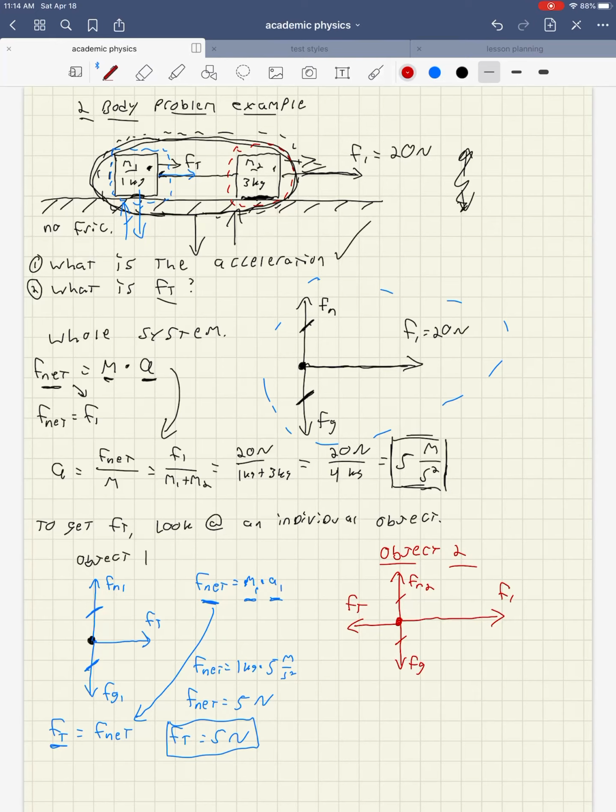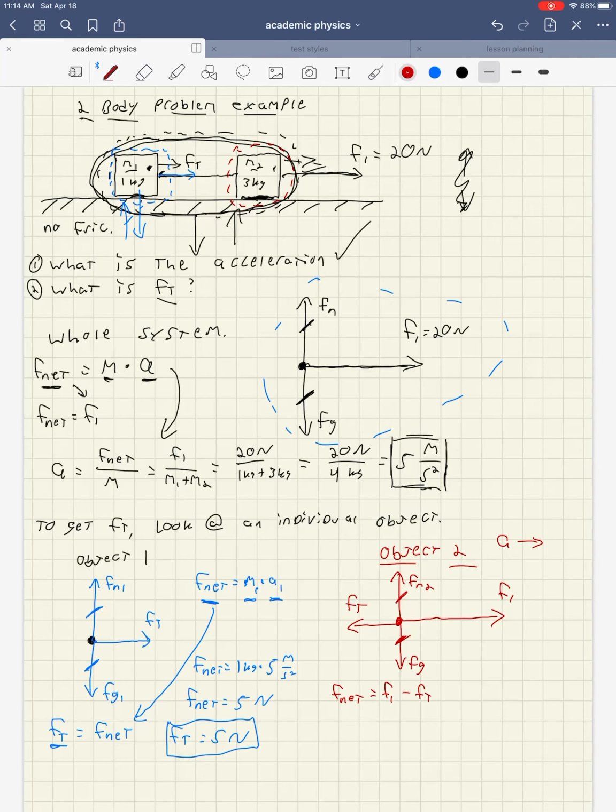We know those two aren't going to be equal because it is accelerating in that direction, so we know F1 has to be bigger. What would my net force be? Well, my net force is just adding up all the forces and seeing how they cancel out. That cancels with that, so I'm not going to worry about it. So my net force here is going to be F1 minus Ft.